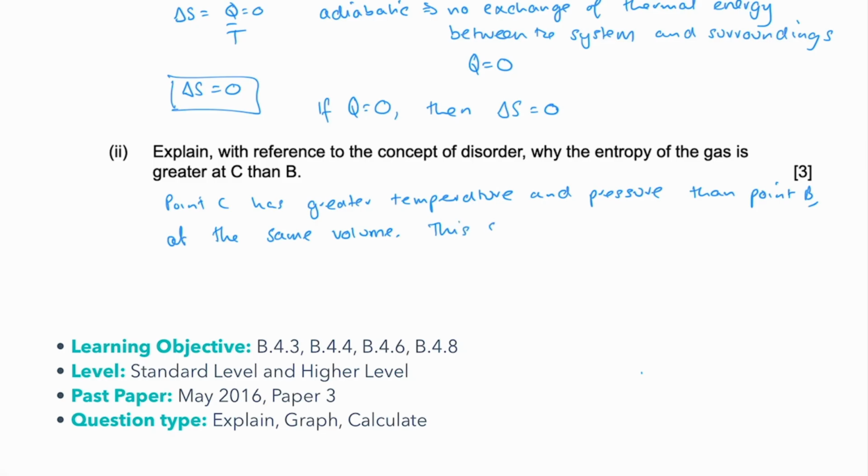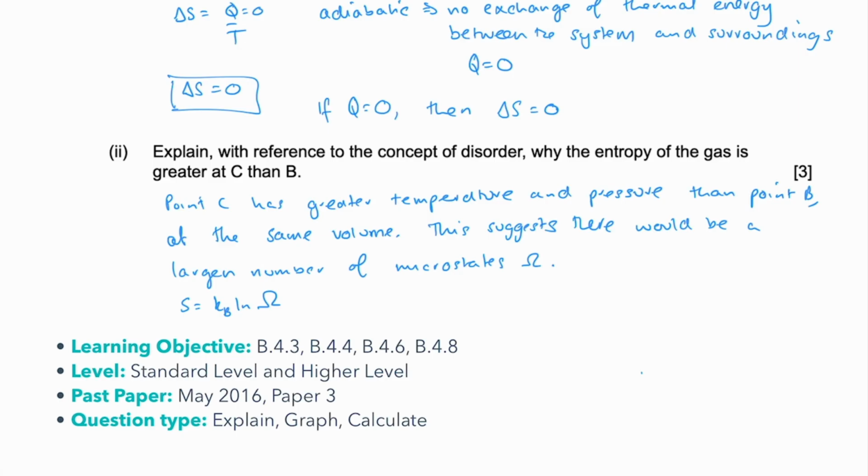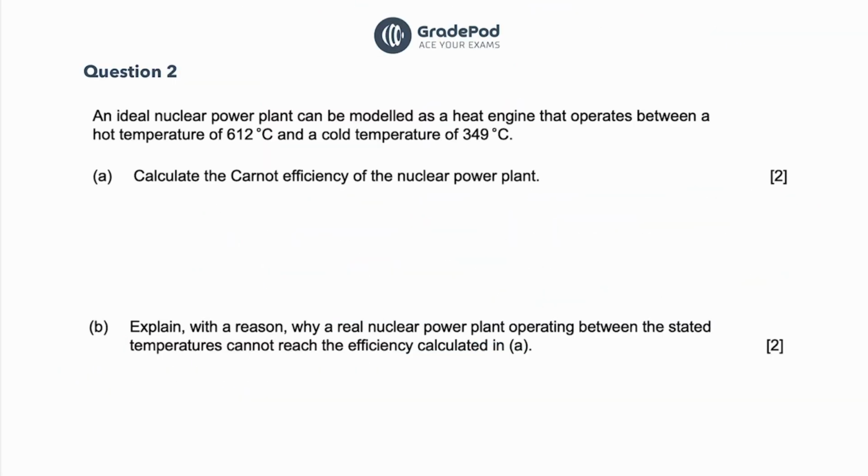This suggests there would be a larger number of microstates. S is equal to k_B ln of the number of microstates. Therefore, S is larger at point C than point B.